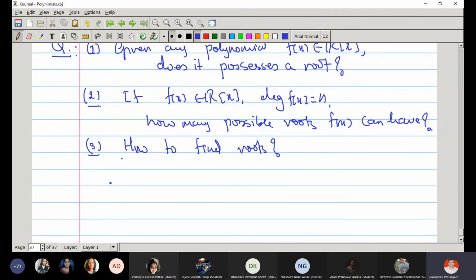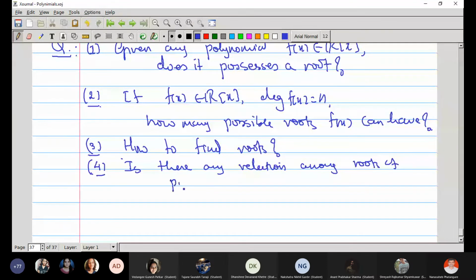What could be the questions? Is there any relation among roots of a polynomial and coefficients of the polynomial?